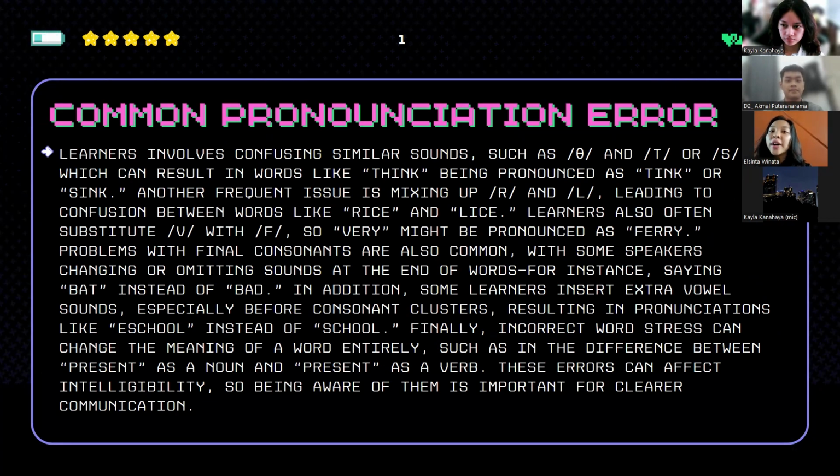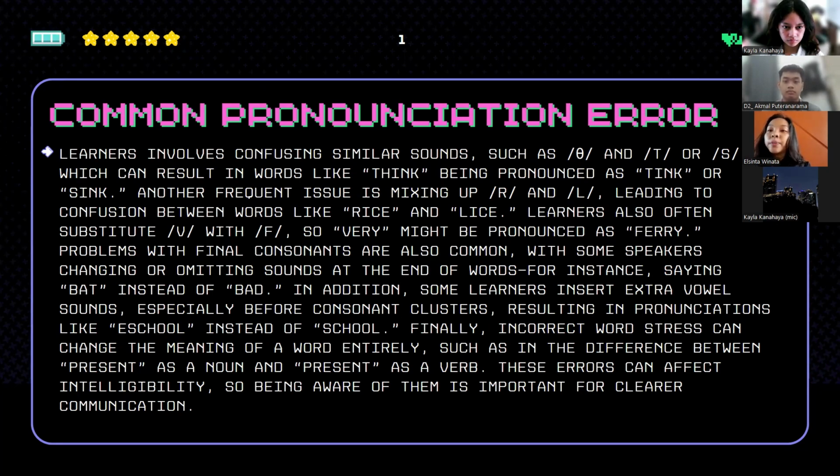Okay, thank you, Akmal. Now I'll show you common pronunciation errors. Learners are influenced by their native language, confusing similar sounds. Another frequent issue is mixing up r and l, leading to confusion between words like rice and lice.